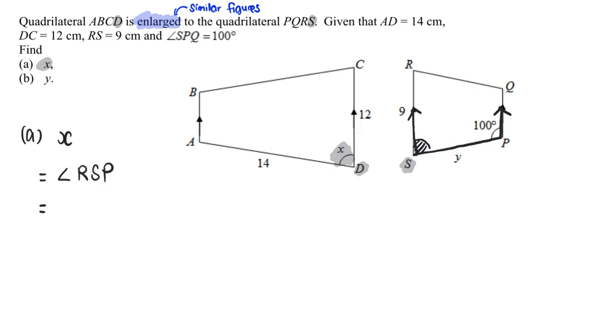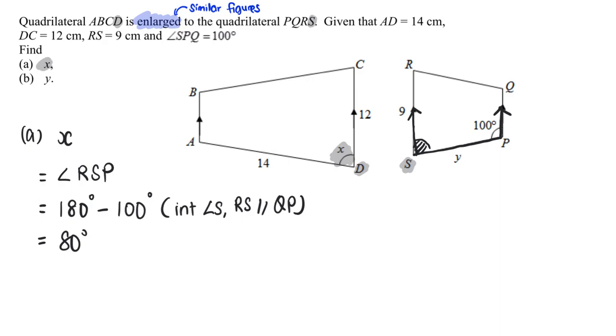Okay, this means that they are interior angles of parallel lines. Add up to 180. That means I just have to minus away the 100. I will get 80 degrees. These are interior angles where RS is parallel to QP. Okay, so that is part A.